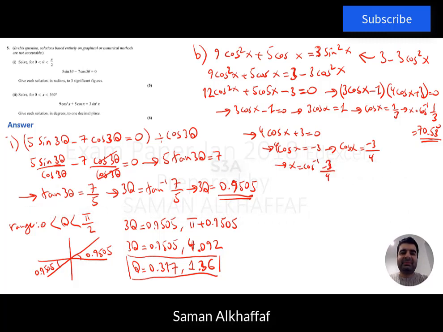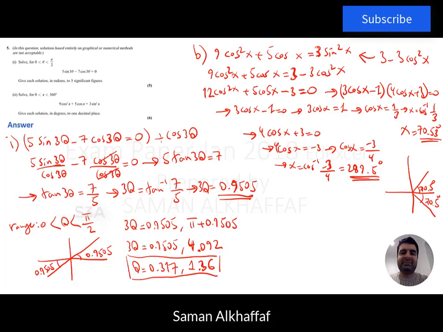We have 289.5 degrees. So the way it would look, we would have an angle of 70.5 degrees here, and also another 70.5 degrees here in the negative. These are the two angles that we would have for x.